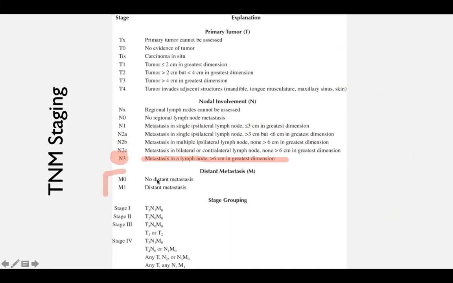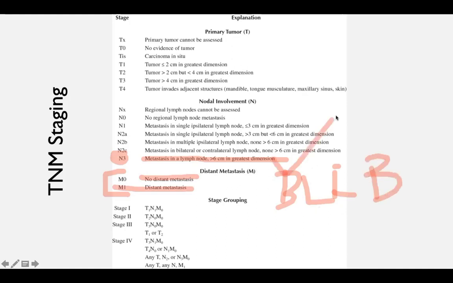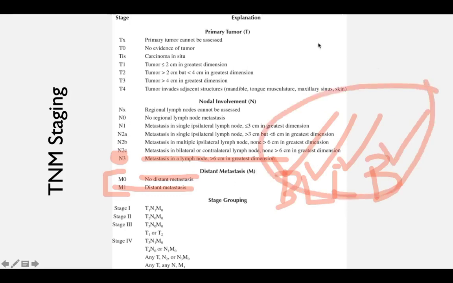And then M0 is when there is no distant metastasis, and M1 is when there is distant metastasis. Where can it be? BLLB: bone, liver, lung, brain. These are the 4 sites for secondary tumor development or metastasis we have studied for oral squamous cell carcinomas.